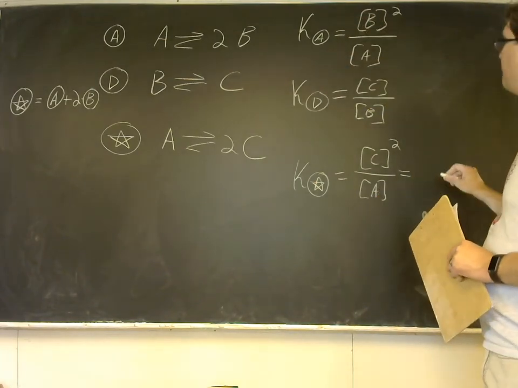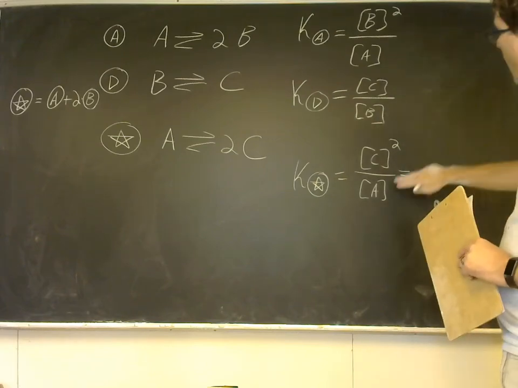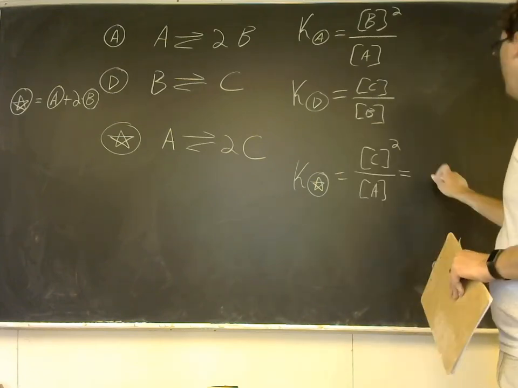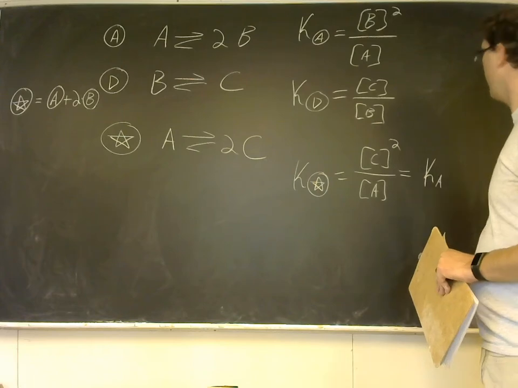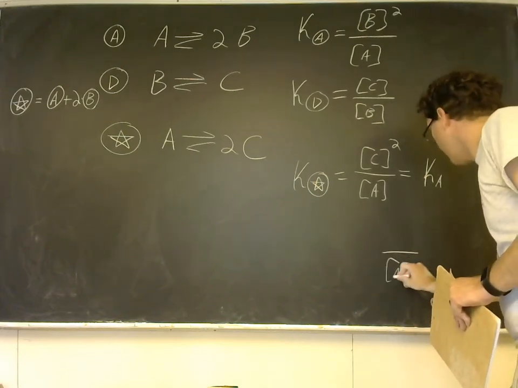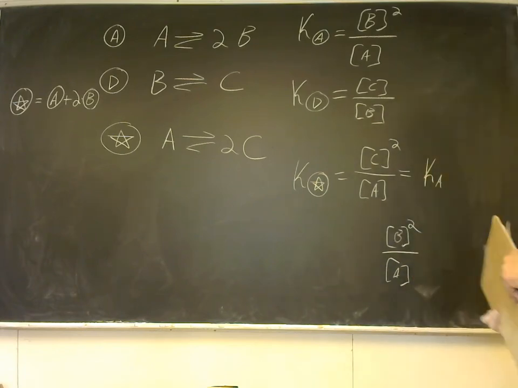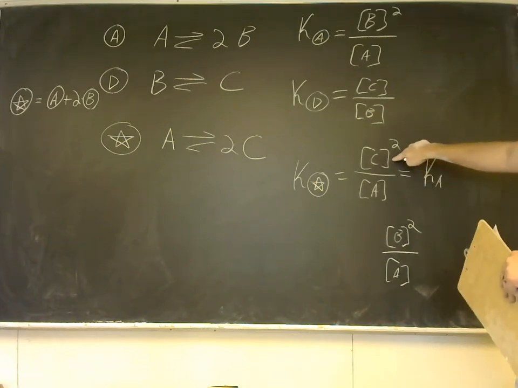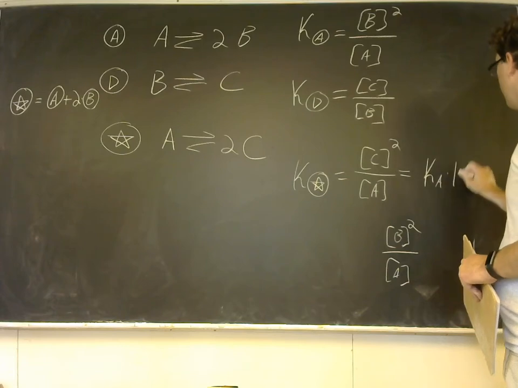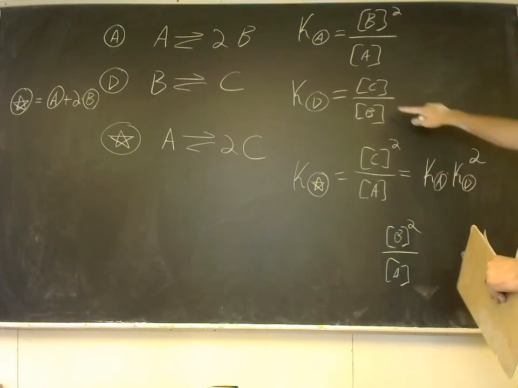Well, let's just try to reconstruct it. I need an A in the denominator, and that only comes from Ka. So we've got a Ka, and let's keep track of what we have so far. Ka gives me an A in the denominator and a B squared in the numerator. What else do I need? I need a C in the numerator. That can come from Kd squared, because I need to get a C squared.